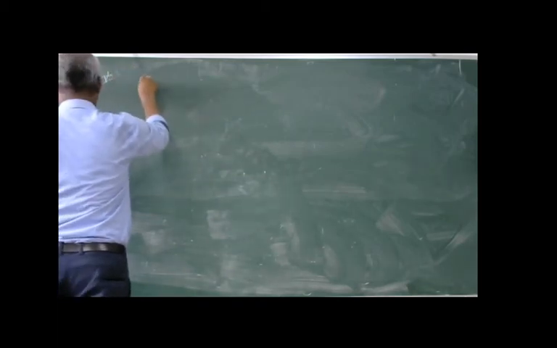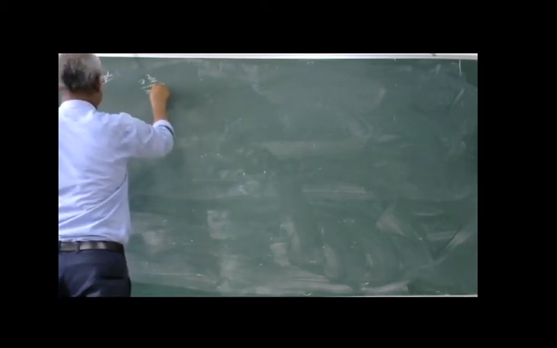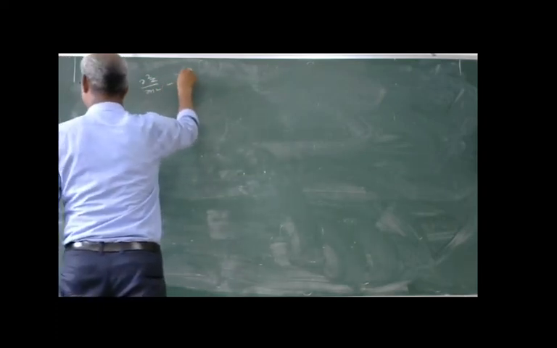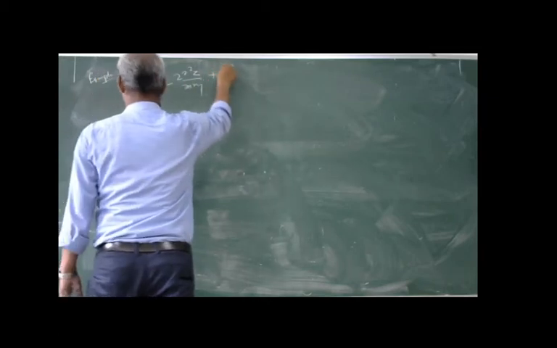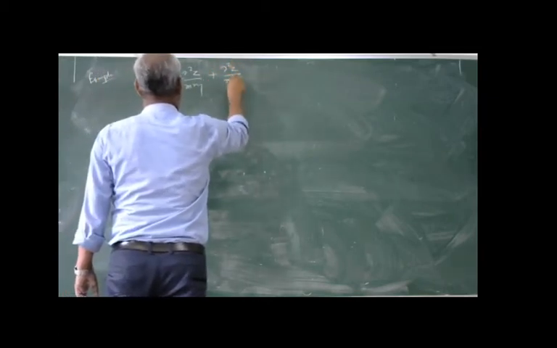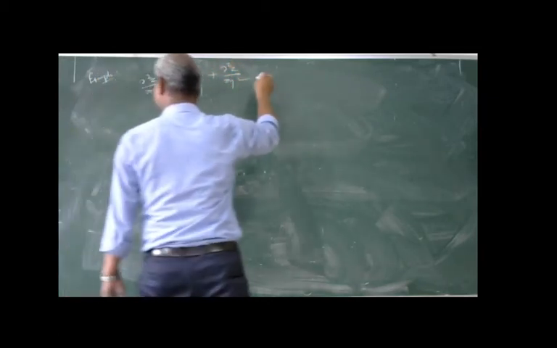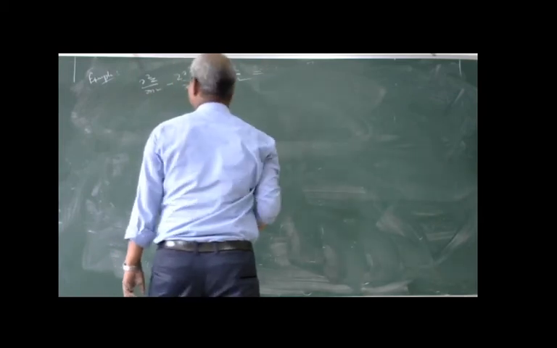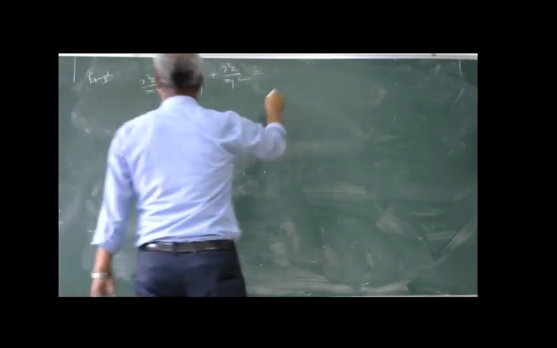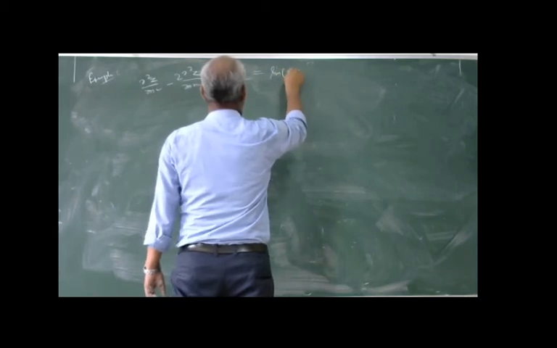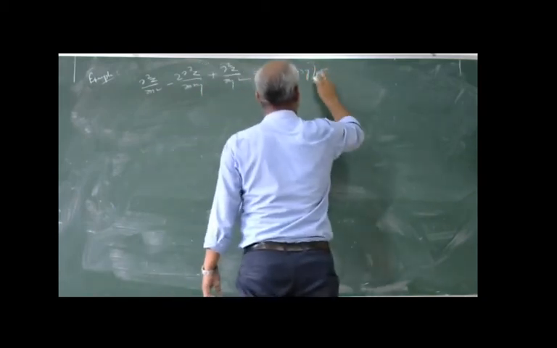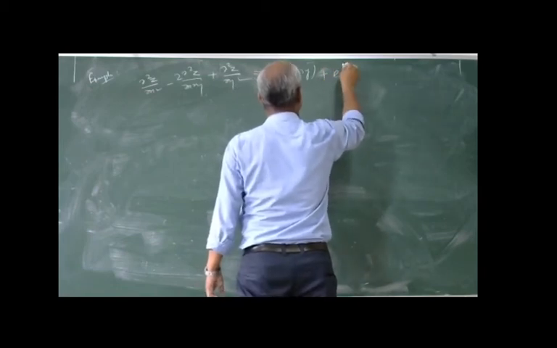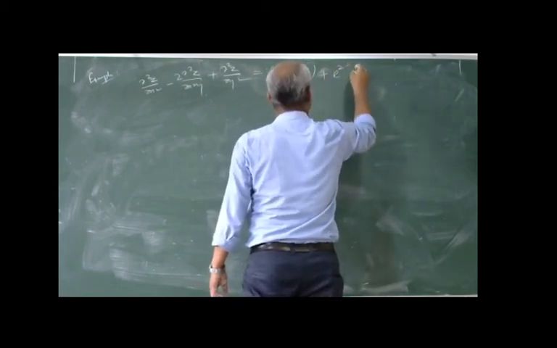Solve del 2z upon del x square minus 2 del 2z upon del x del y plus del 2z upon del y square, which is equal to sine 2x minus 3y plus e to the power 2y.